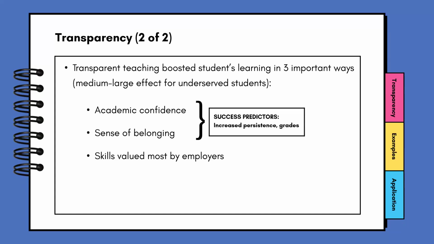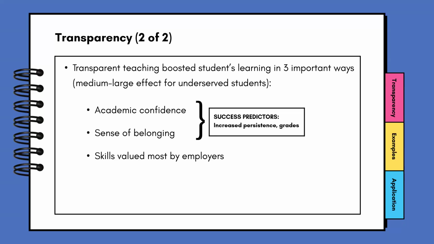And they basically enacted this framework in classes, and then they assessed how students rated their academic confidence and their sense of belonging, right? Which are really good. Those two things, academic confidence and sense of belonging, have been tied to success, right?